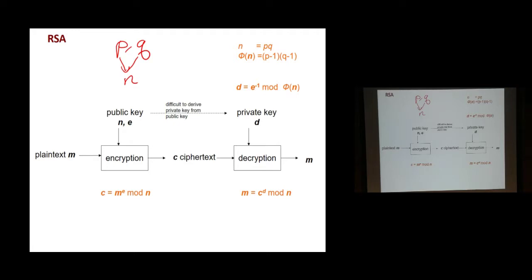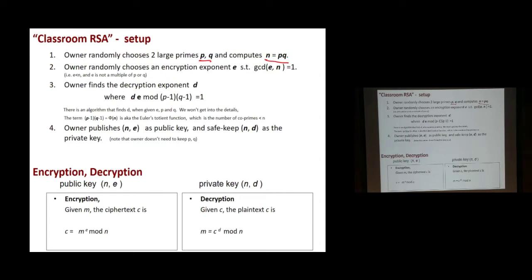After the owner gets n, he will randomly choose a number, and he calls it E. This number has to meet a requirement, which is GCD of E and n is equal to 1. Greatest common divisor of E and n is 1.